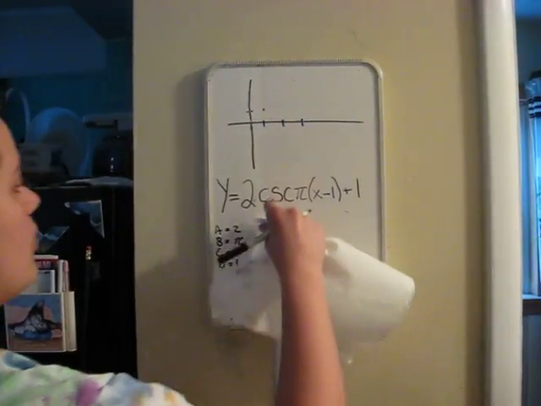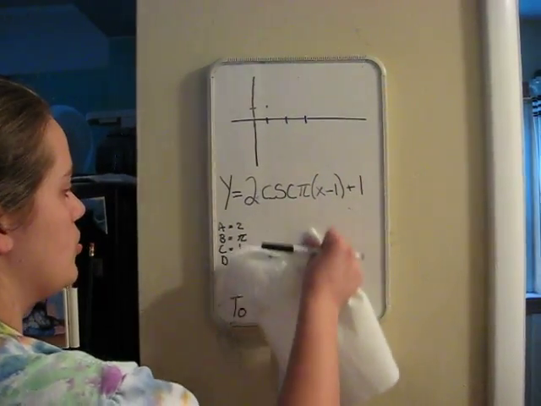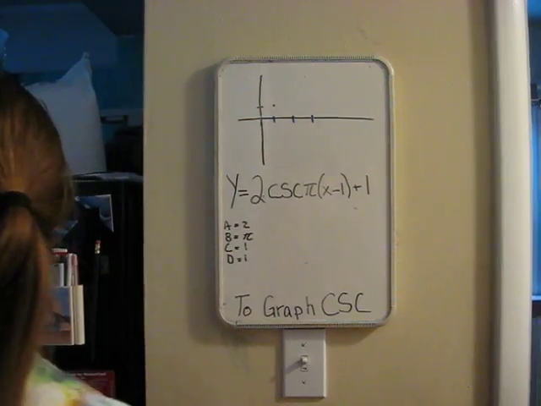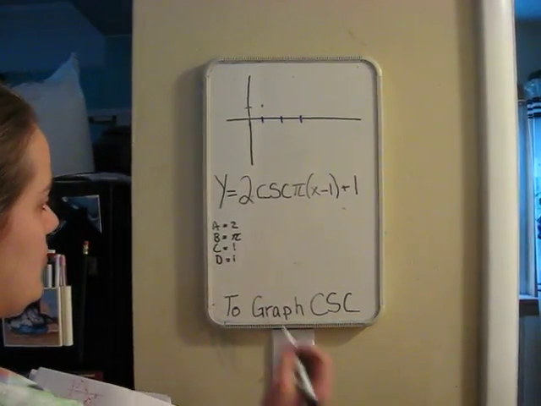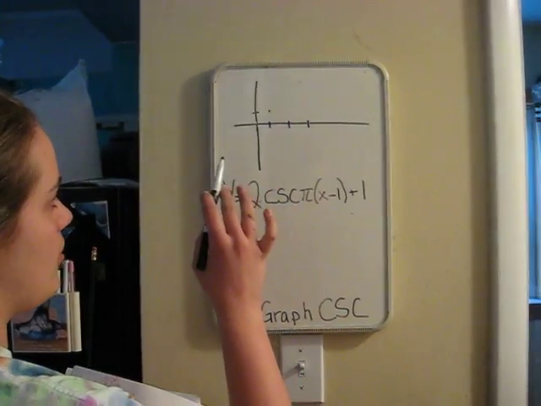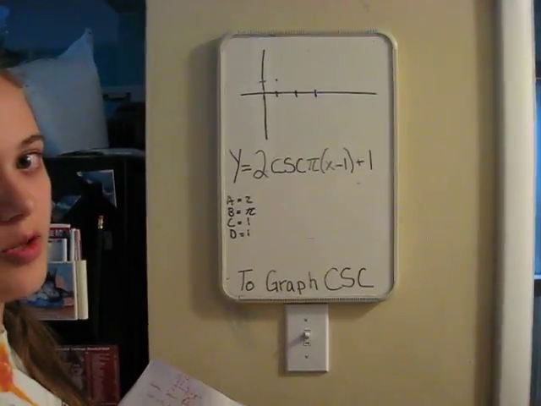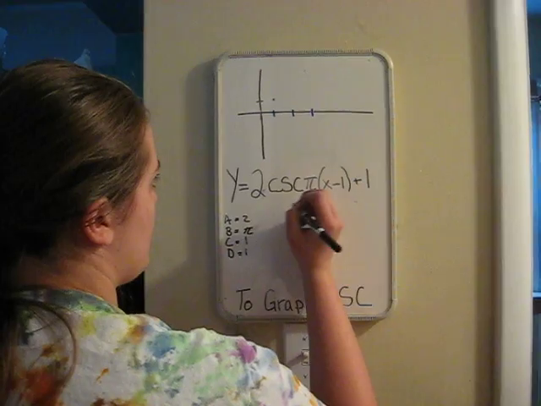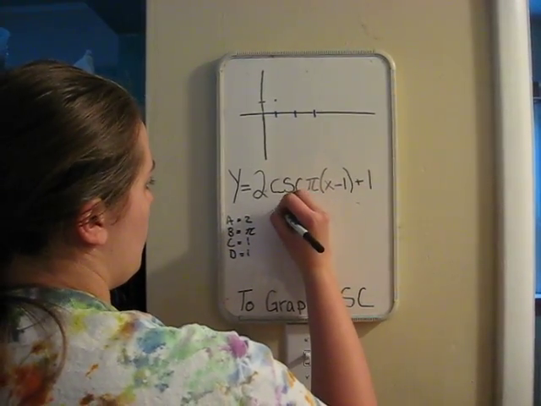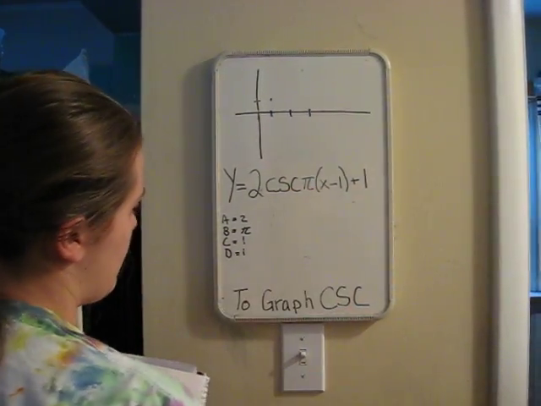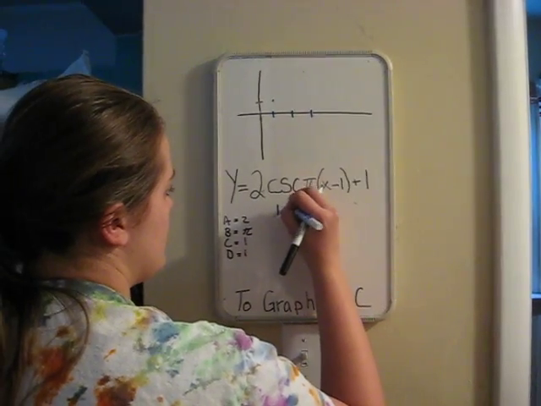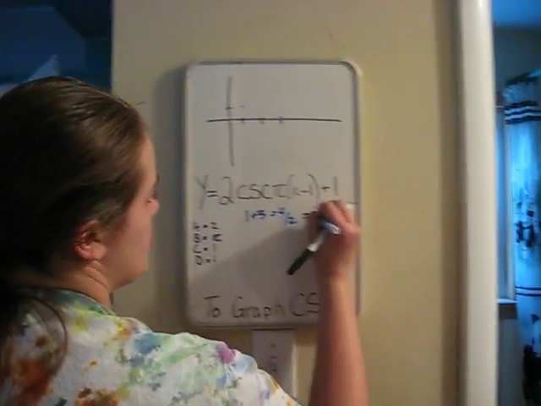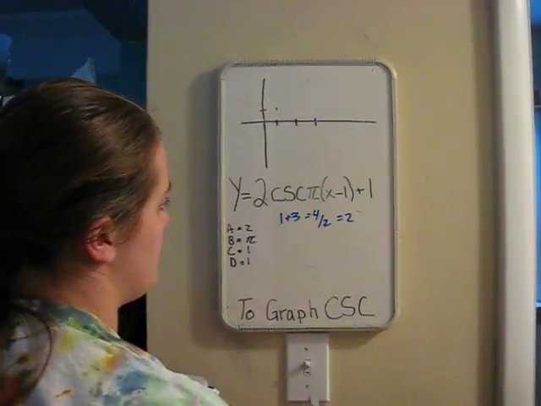Okay. So we have 2 points now, the beginning and the end, but we need to find 3 more for it to be a full graph. All the points on the period are going to be equally spaced. So the third point is going to be halfway between 1 and 3. So 1 plus 3 is equal to 4, divided by 2 is 2. So we're going to have another point right there at 2.